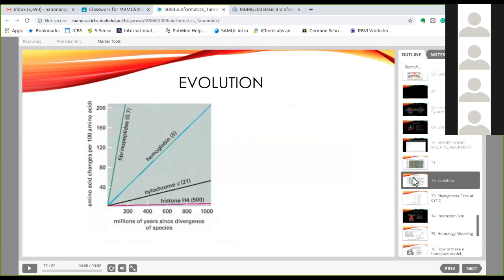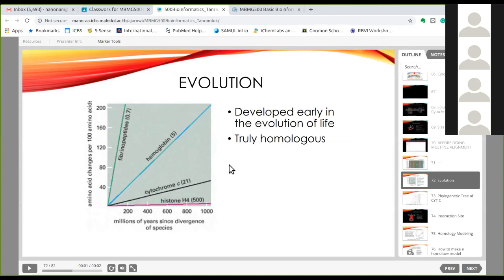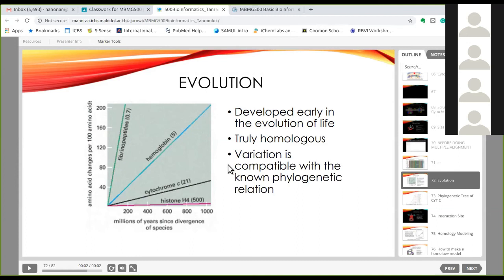So cytochrome C is very important in evolution because it's found to have developed early in life. In the evolutionary tree of life, cytochrome C appears very, very early, millions of years before here.